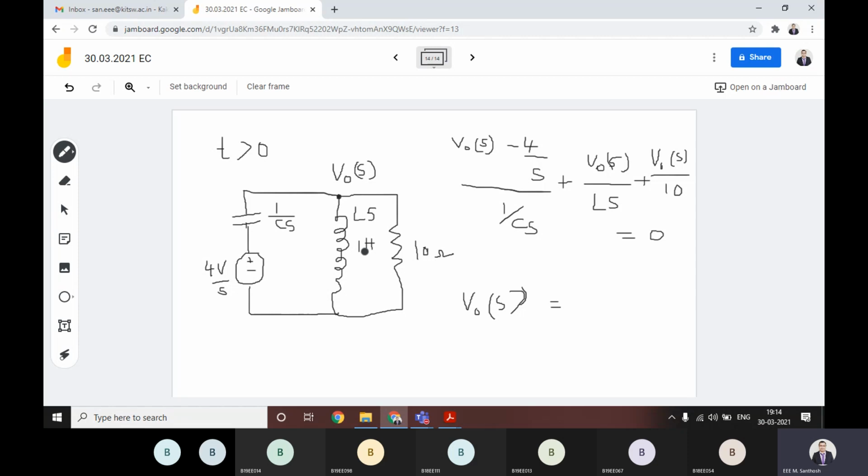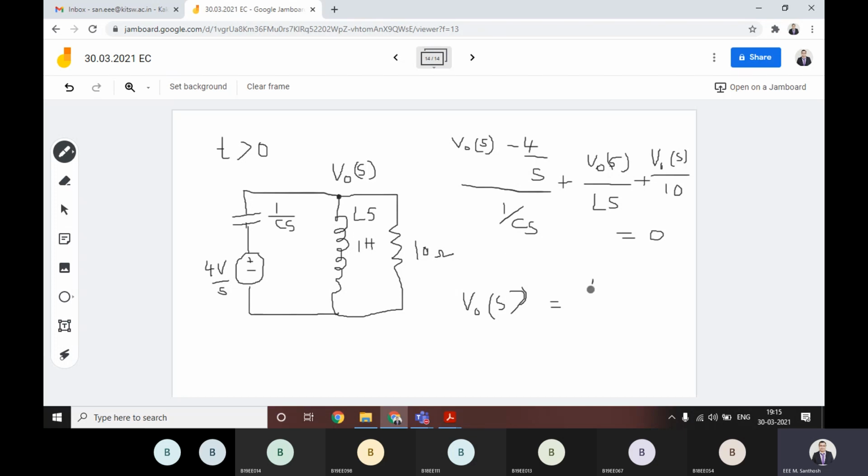You can substitute that, and you will get the expression in terms of S, giving us V naught of S. How much are you getting?